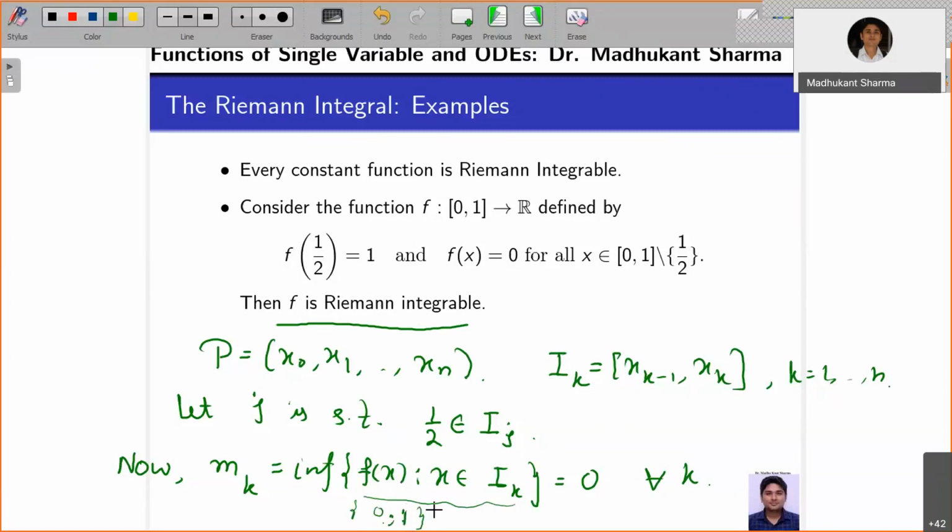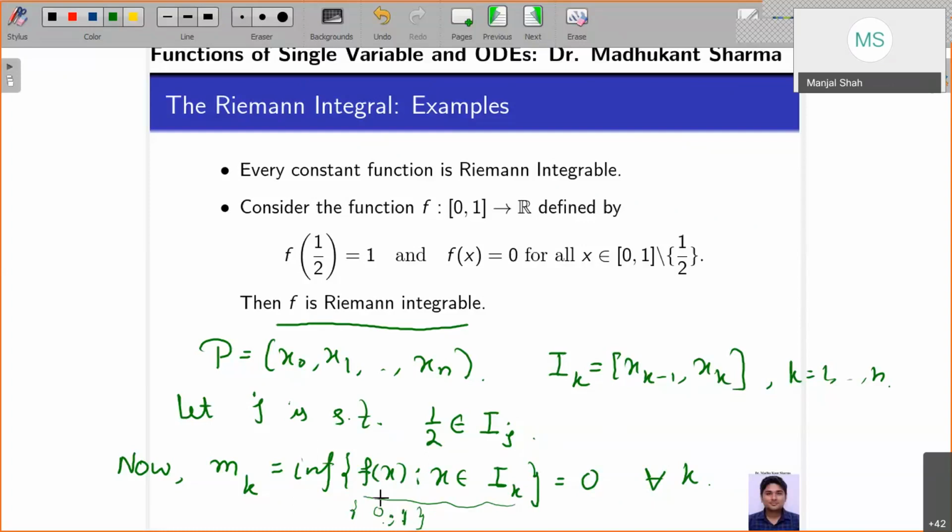The infimum here is 0, irrespective of k. When you have a finite set, the infimum is the minimum, and the minimum among 0 and 1 is 0.